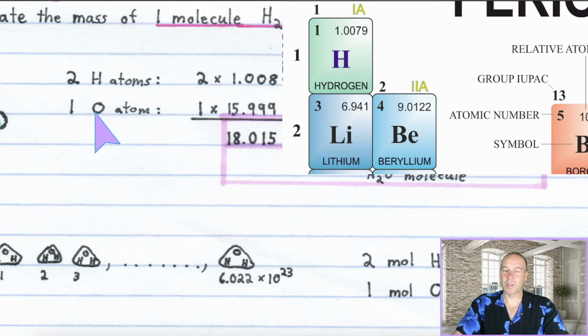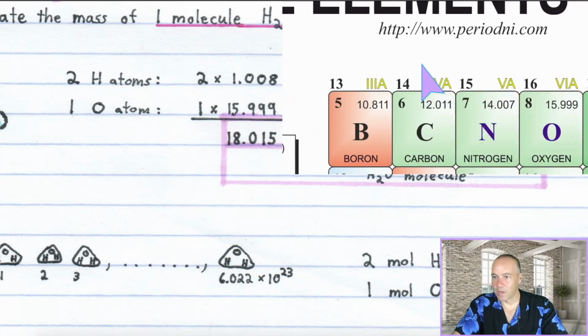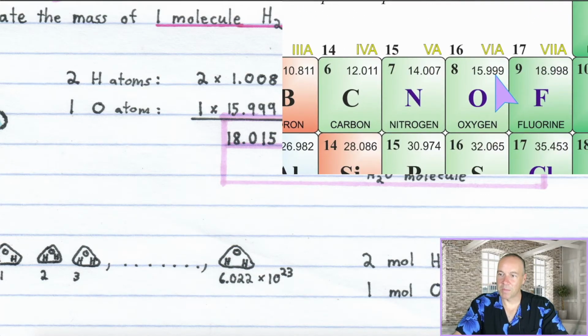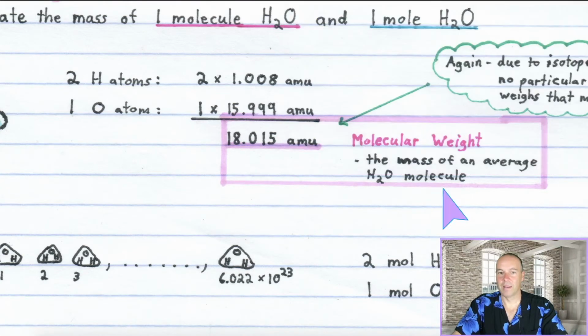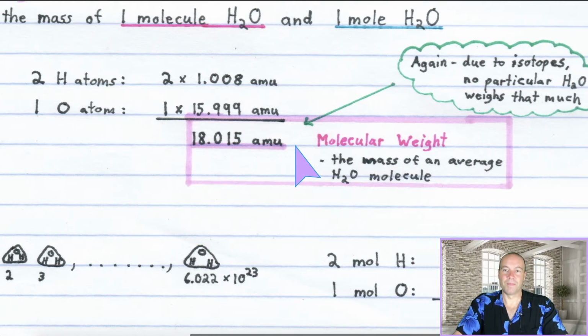You got 1 oxygen atom in the molecule, so 1 times the atomic mass of oxygen, and oxygen's over here, so that's 1 times 15.999. And so there you go, you got 2 hydrogens and 1 oxygen. If you sum that up, you get 18.015 atomic mass units, and that's the weight of a water molecule.